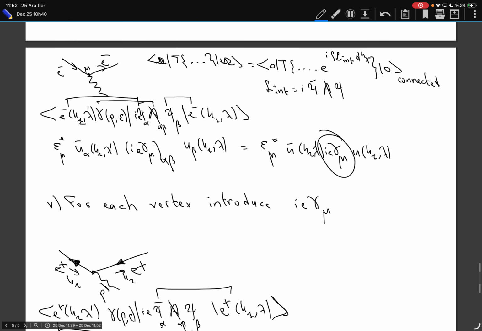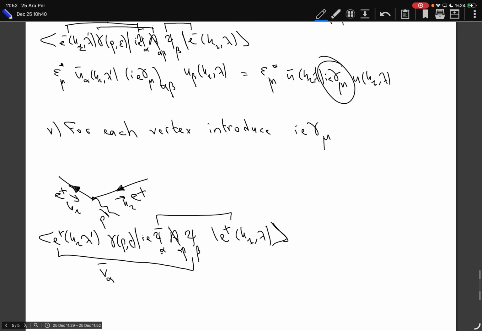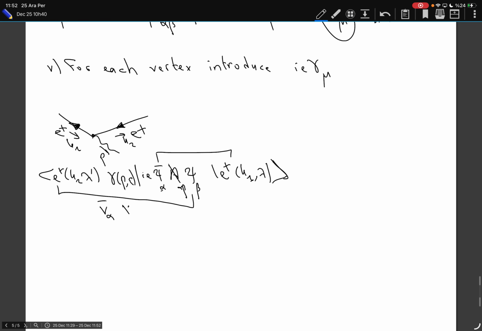Now the outgoing positron is V, but this time it is V beta. This is K1, this is K2. I have the vertex factor, which will be my IE gamma mu alpha beta.